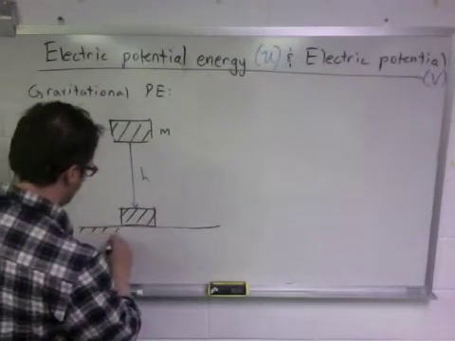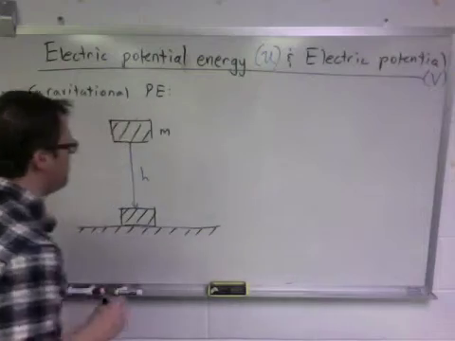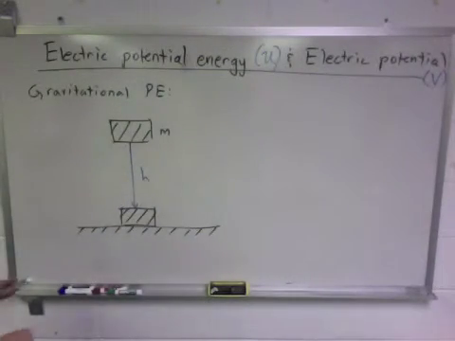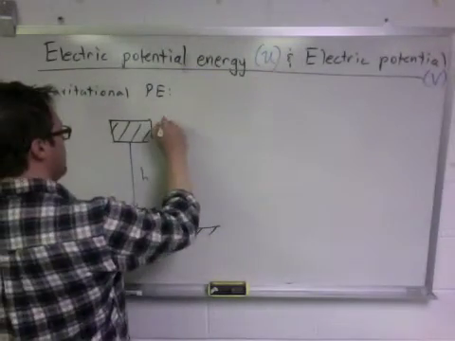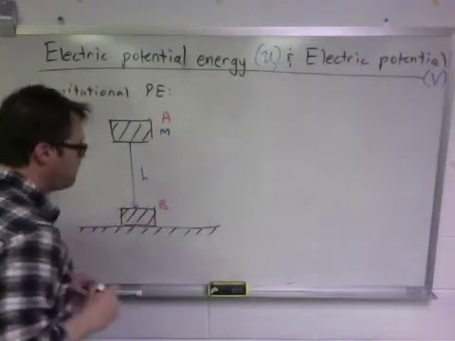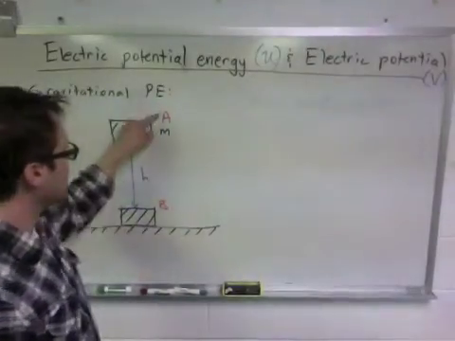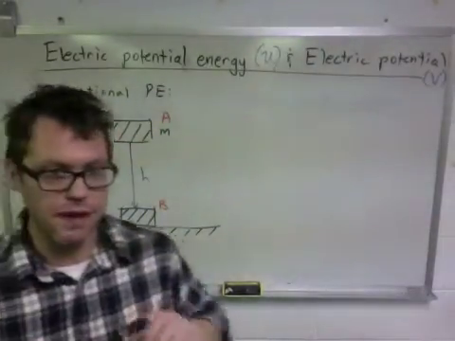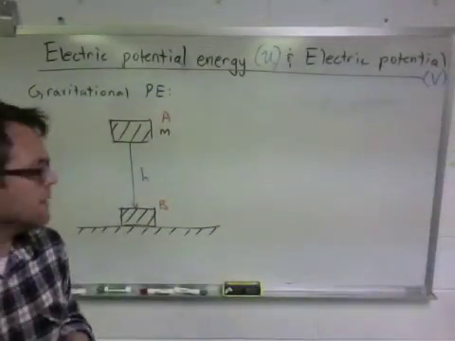Here's the ground. Call this position A, call this position B. So initial position is A and final position is B as the block goes through this descent.